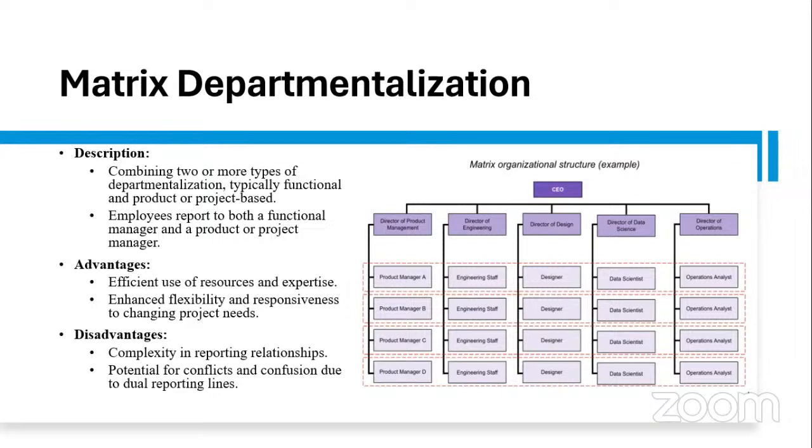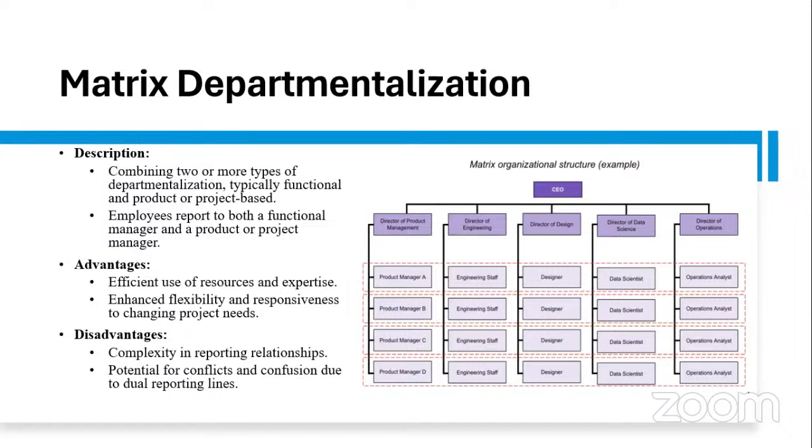Just the way we have the matrix structure, you also have the matrix departmentalization. So you have specific phases of a project being managed, and then you have different projects and then different staff across them.